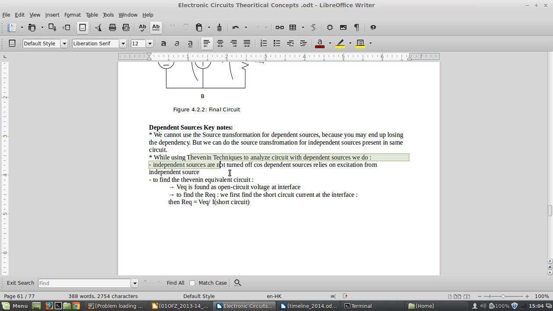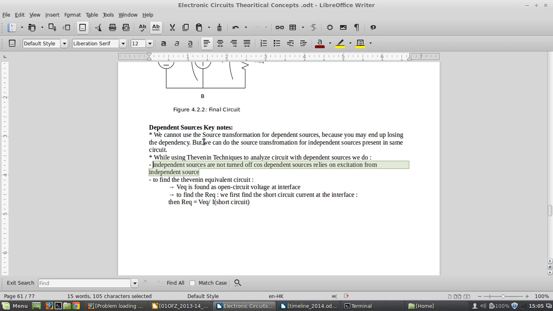After that, to find the Thevenin equivalent circuit, you have to follow just two procedures. First, you find the V equivalent. Before, I was telling you there is a trick to analyze with dependent sources. Independent sources are not turned off, because this situation occurs when you find R equivalent.